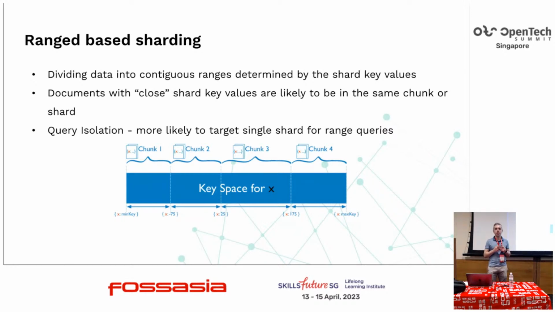So we are potentially eliminating the scatter-gather query, which means a broadcast query will have to go from shard 1 to shard n, scan all the documents, and then return the result. Range-based sharding, if the shard key is properly defined, should eliminate that, and we should have better query isolation with this type of sharding.